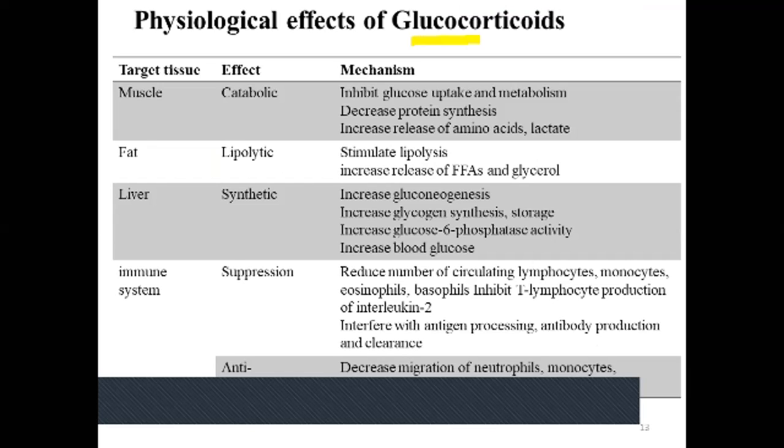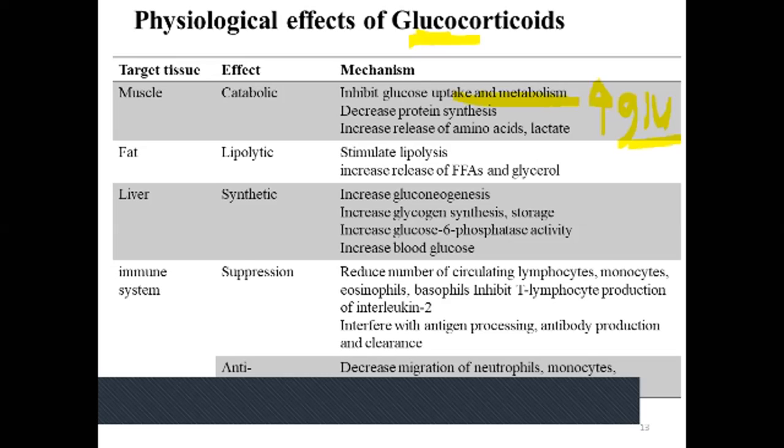The word gluco stands for their ability to produce glucose. This class of drugs in general can increase the production of glucose and also inhibit glucose uptake and metabolism. The net effect is to increase the level of glucose. That is the principal role.